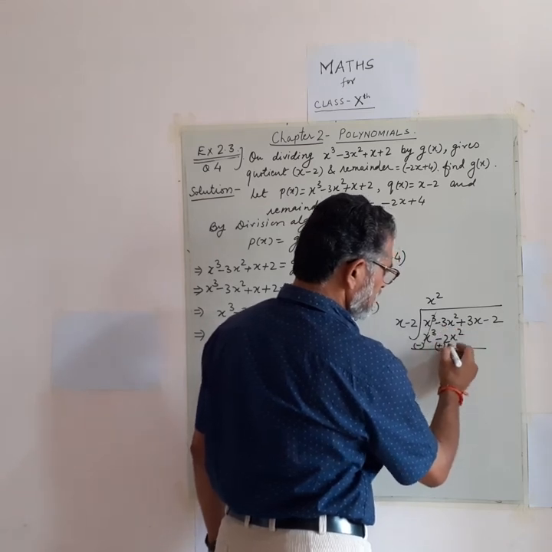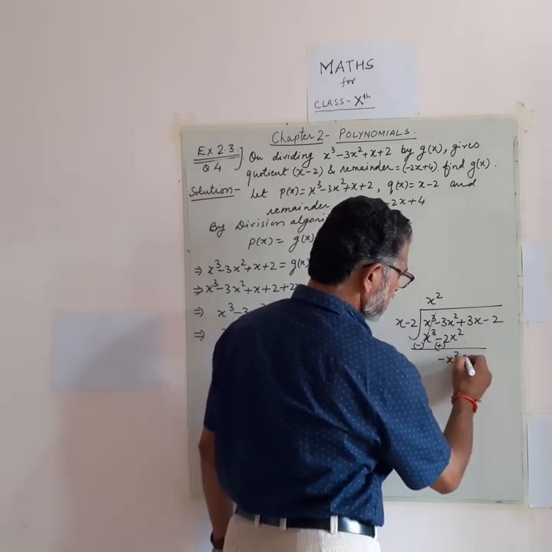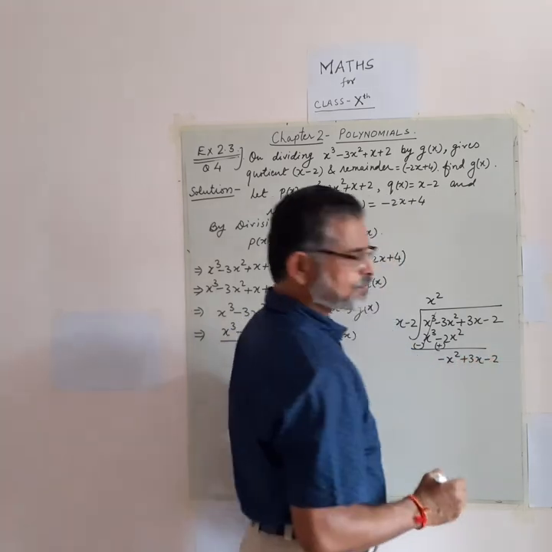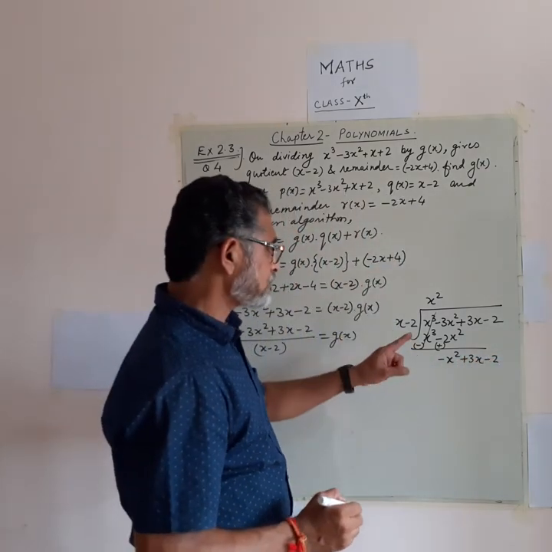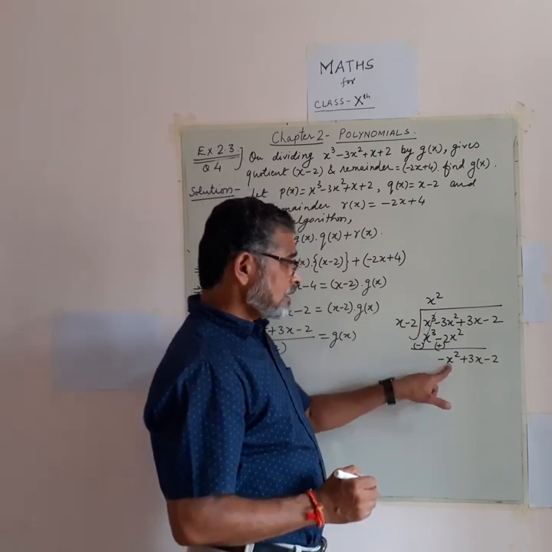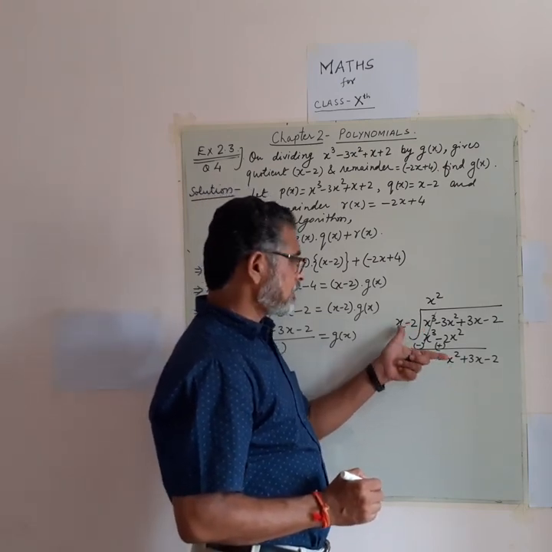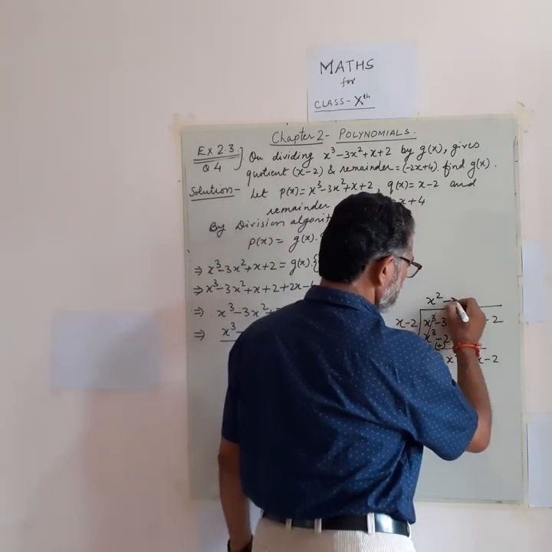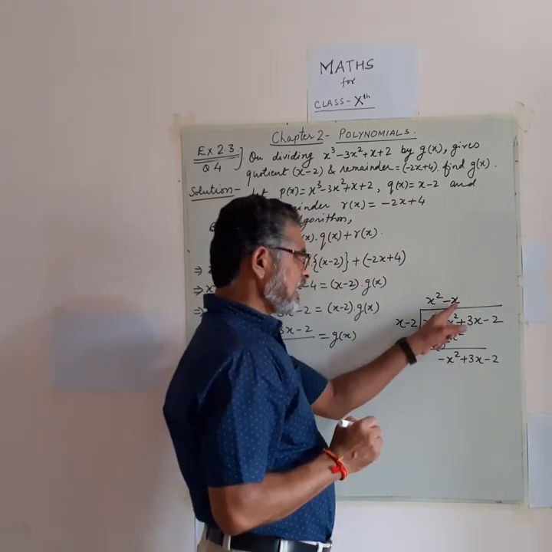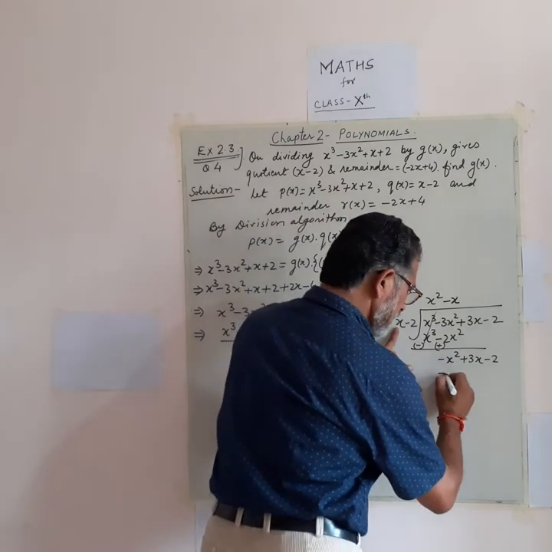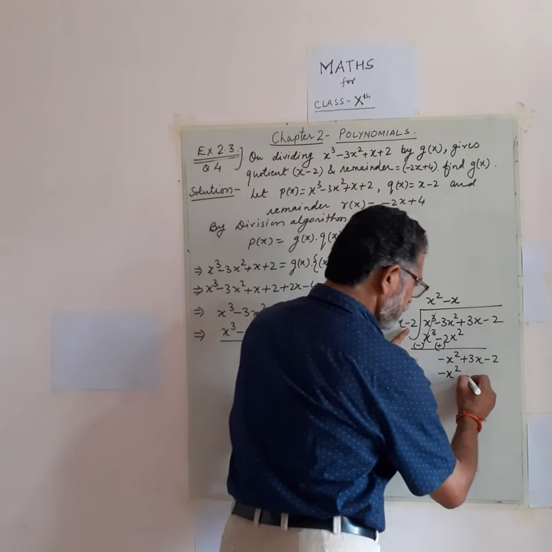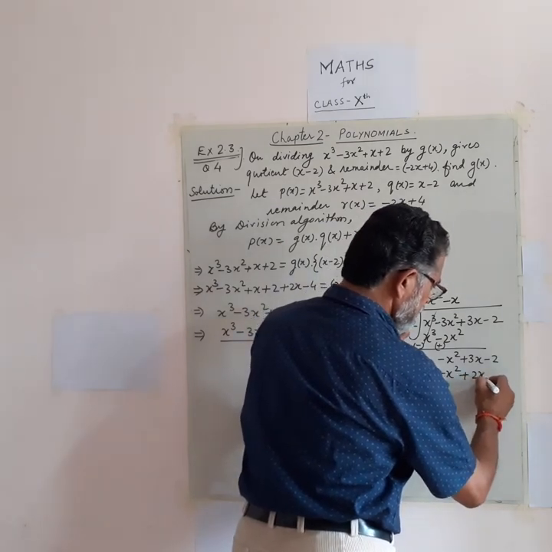Minus 3x square plus 2x square, minus x square, plus 3x minus 2. Now here minus x square divided by x, we get minus x. So quotient will be minus x. So minus x multiplied with x gives minus x square, minus x multiplied with minus 2, we get plus 2x.